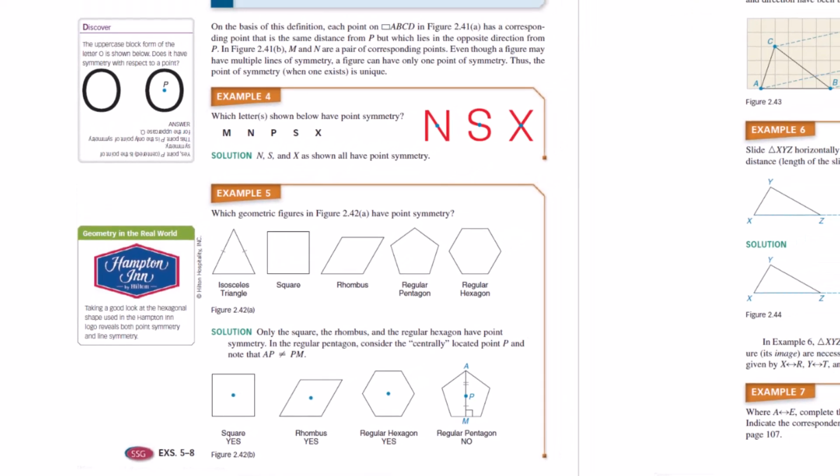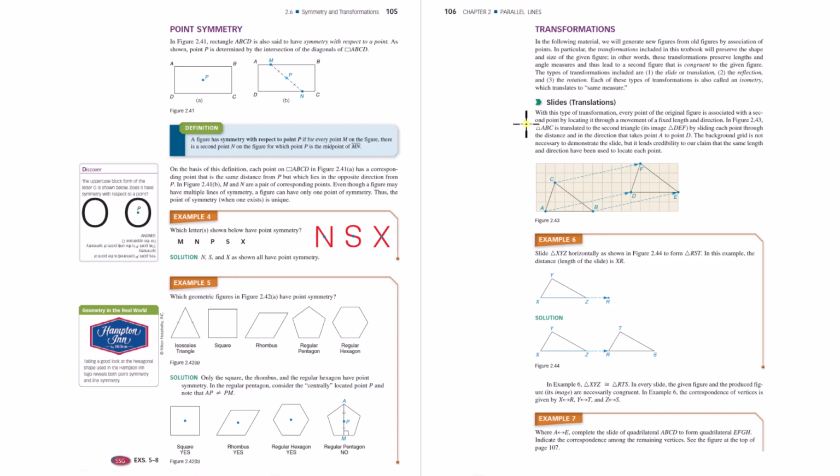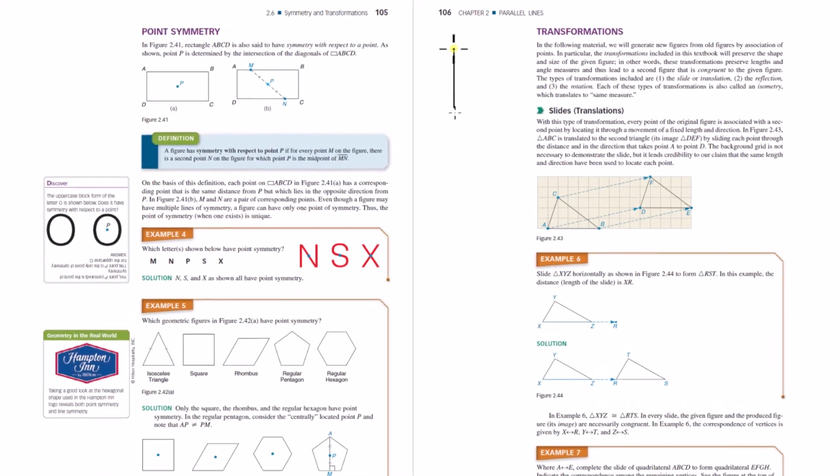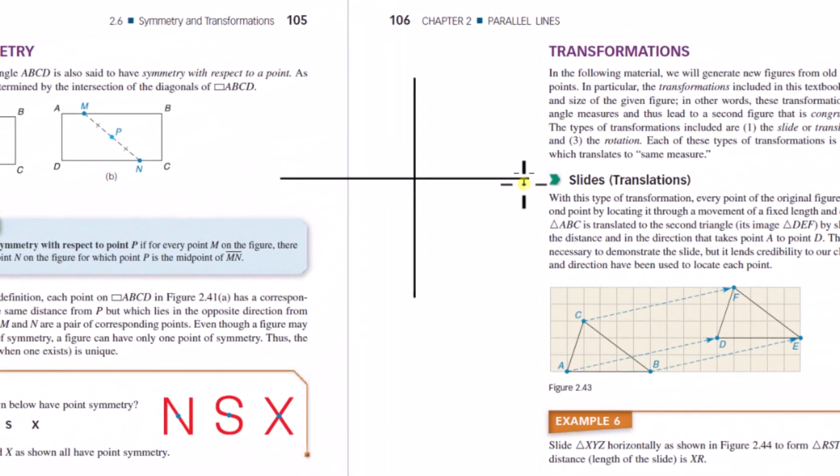Okay, now before we move on to this next section on transformations, let's think about how everything we just learned about line and point symmetry would extend to 3D space. So we're not going to do anything official here. We're just going to use our intuition to think about how these concepts extend into 3D space.